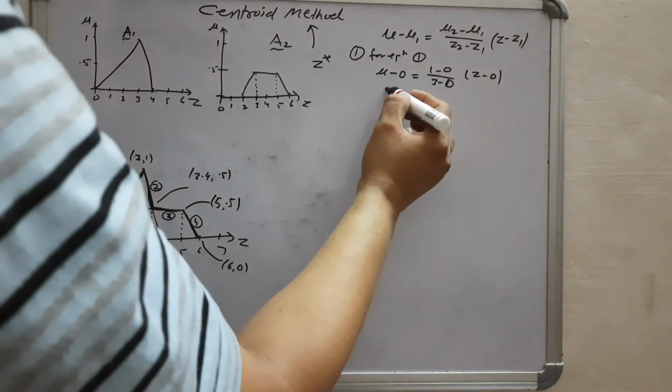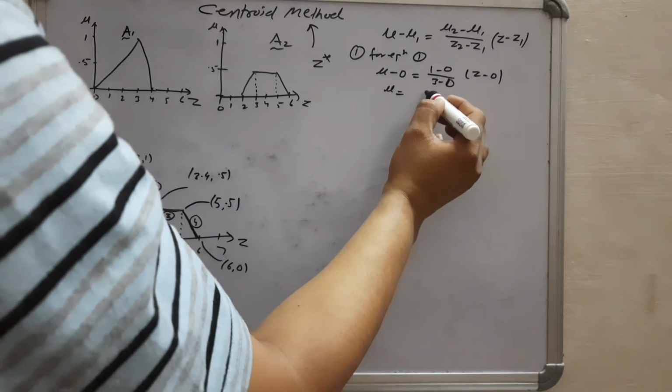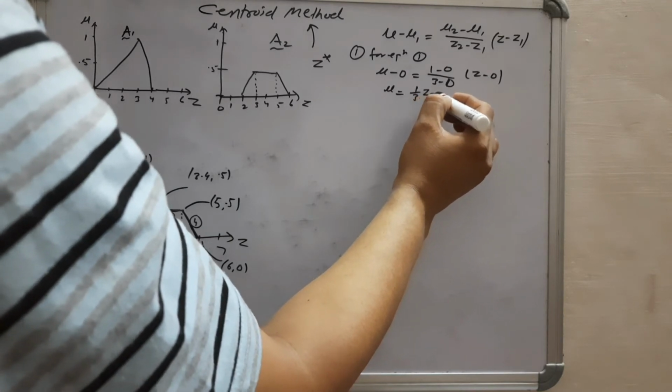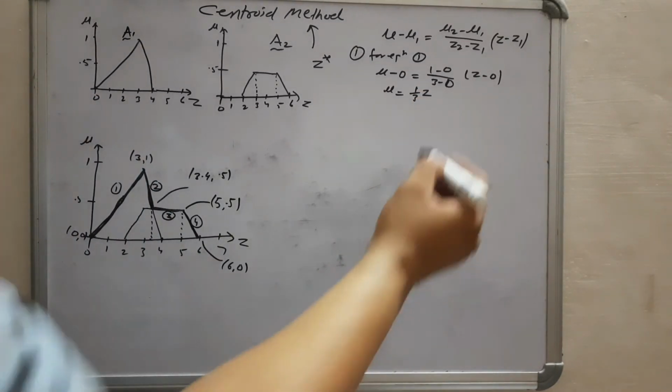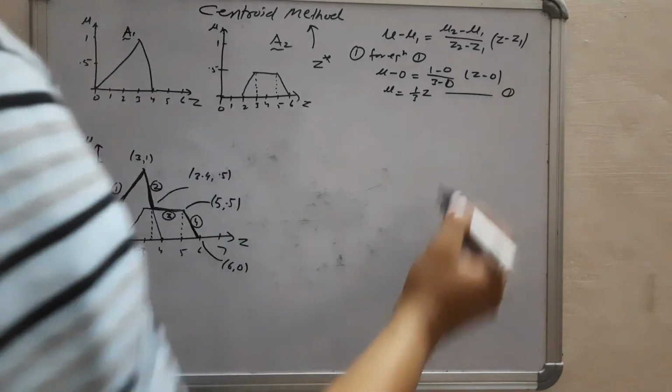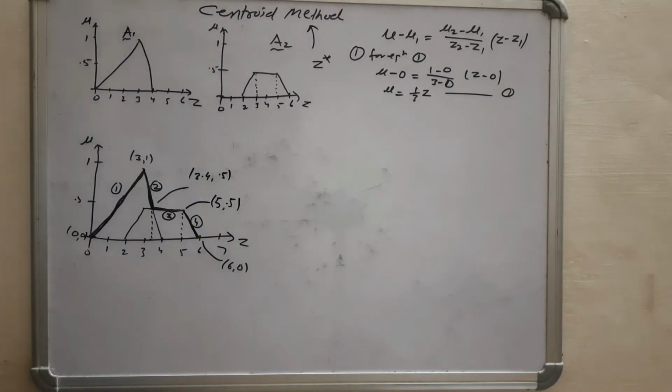So the equation becomes mu equals 1 by 3 z. This is the first equation. In this way we have to obtain the remaining 3 equations.